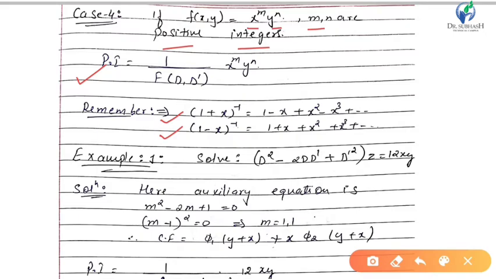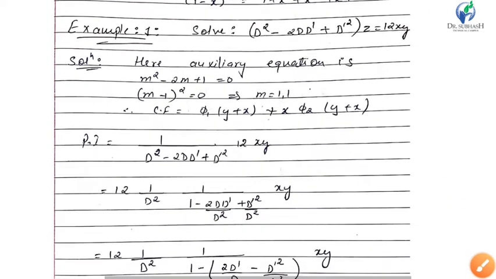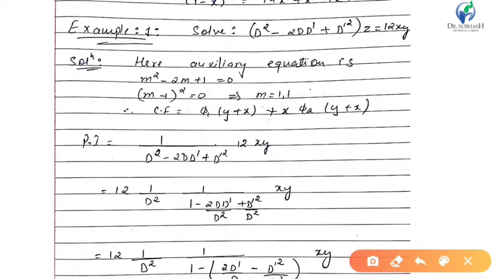Example 1. (D square minus 2DD' plus D' square) z equal to 12xy. See, here we can see from the RHS that it is of the form x^m y^n.